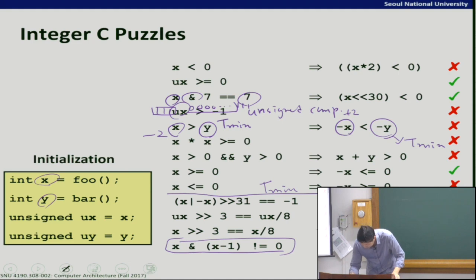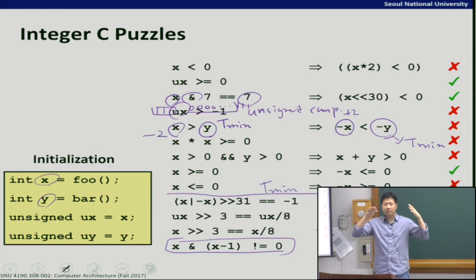Tmin in bit representation will be 1 0 0 0 0 0 0 0 0, right? And tmin minus 1: because you take a minus 1, it will actually wrap around to become the most positive number, like tmax, right?